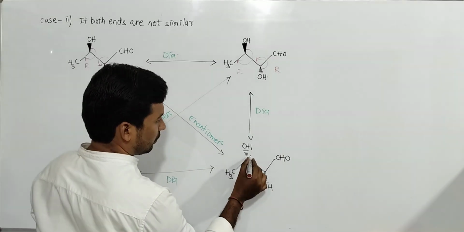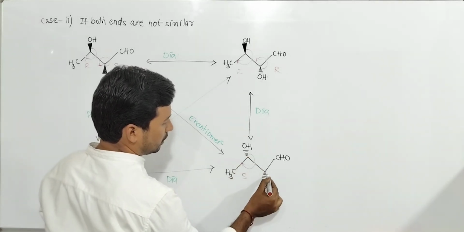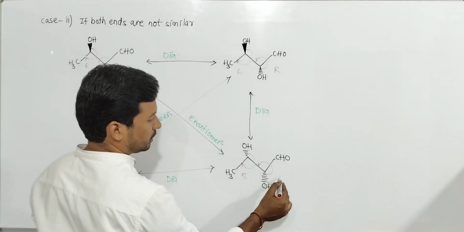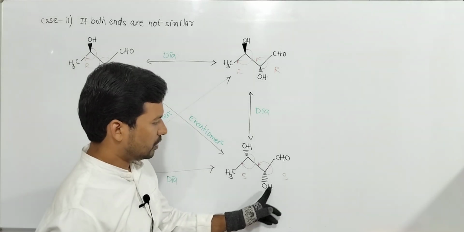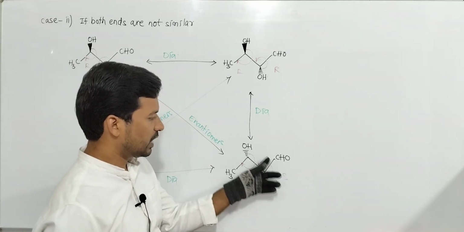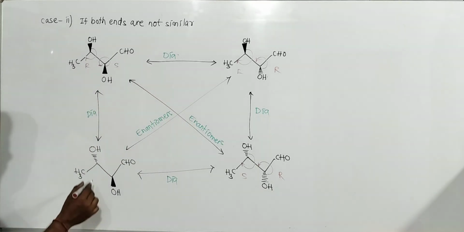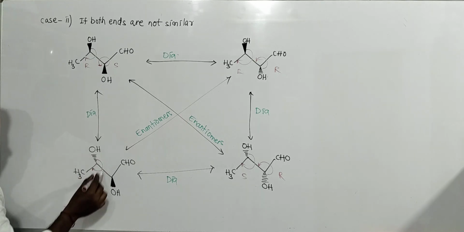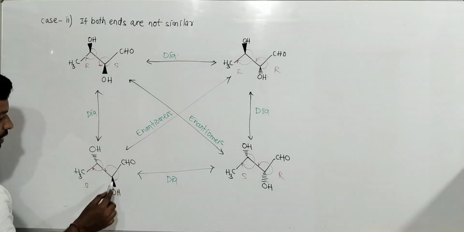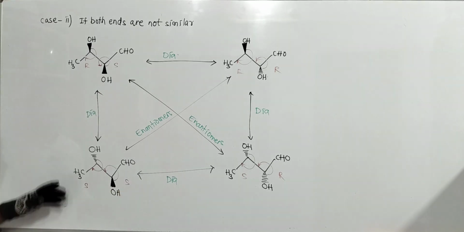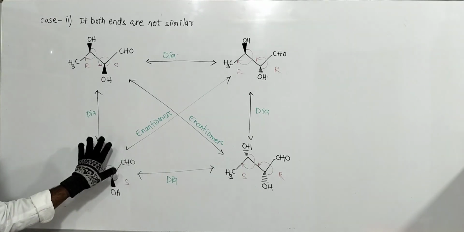Next, here 1 2 3 with the thick line, R becomes S. 1 2 3 anti-clockwise but with the thick line, so R becomes S. Here 1 2 3 clockwise but it becomes S. So RS, RR, SS, SR, all are diastereomers.